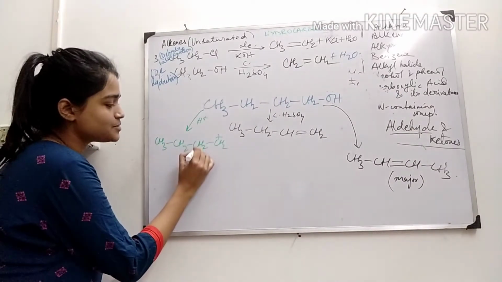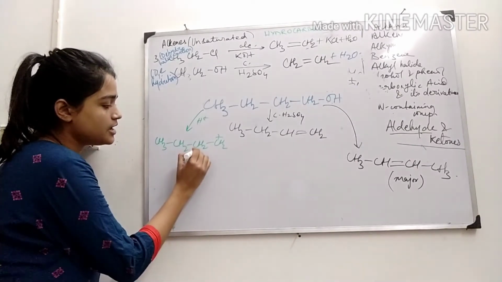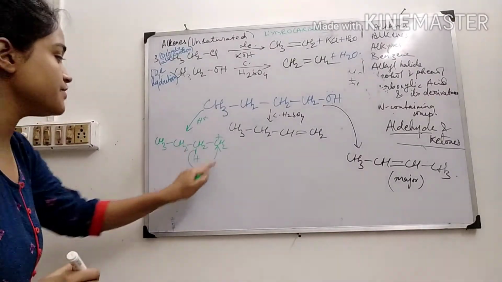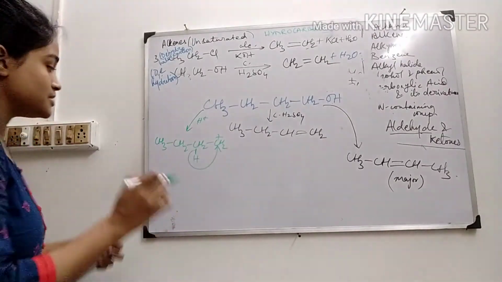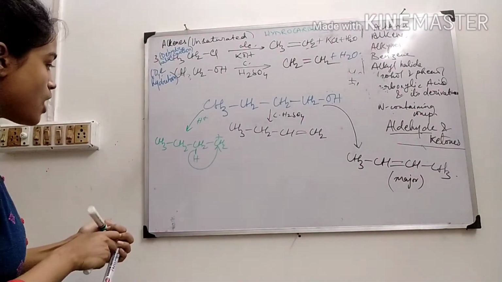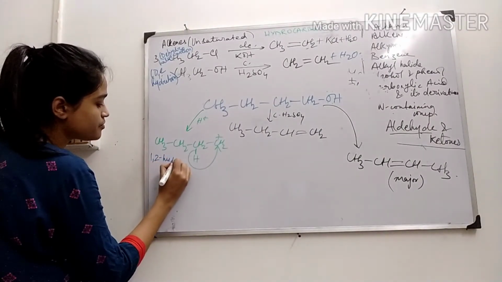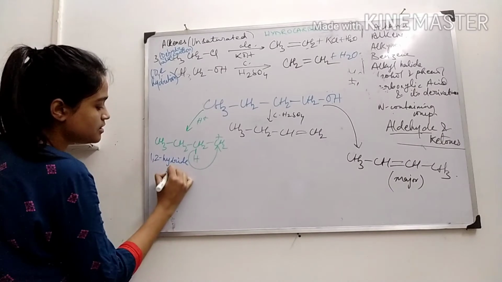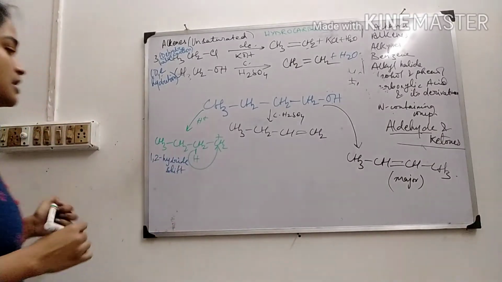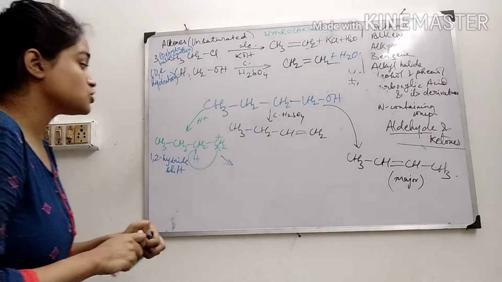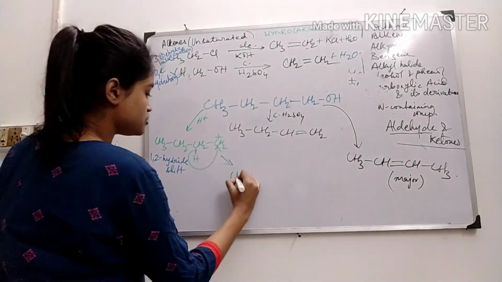Now the hydrogen present here will shift to the carbocation. So this is called a 1,2 hydride shift, and this will result in the formation of a 2-degree carbocation.